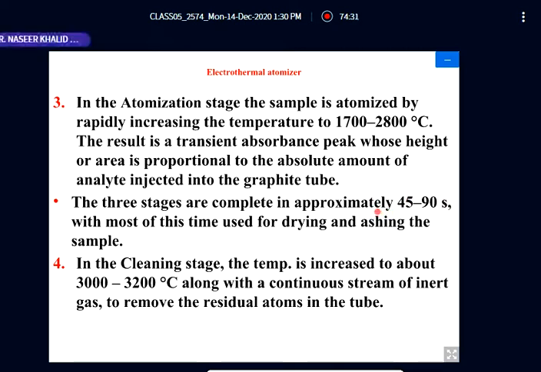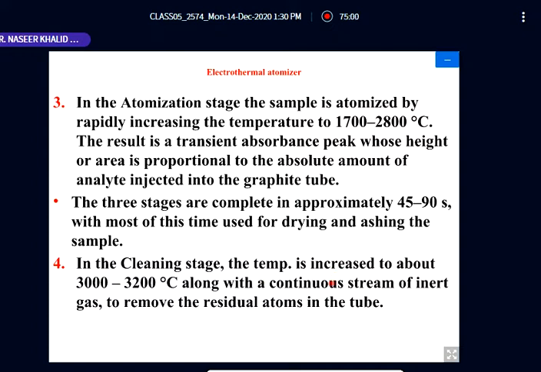So it is very time consuming. Whereas in the flame version, within this time we can take a number of readings with the flame.